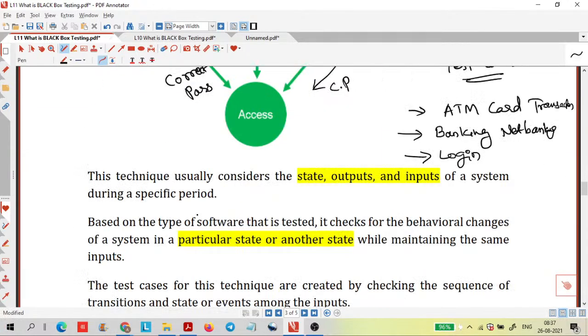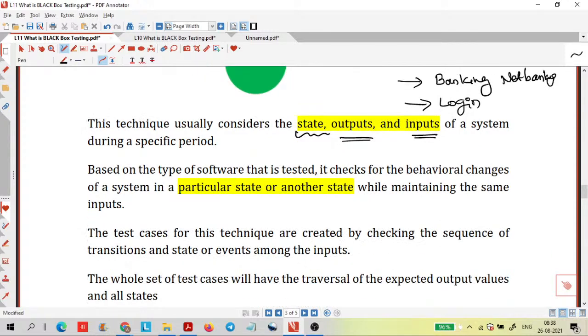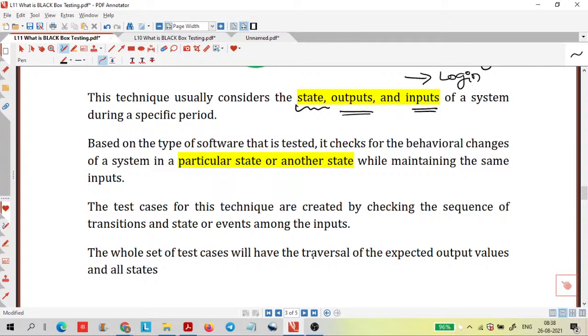So this technique is usually considered the state, where state means access or block or try options. The state, output and input of the system during the specific period. Based upon the type of the software that is tested, it checks the behavioral changes.